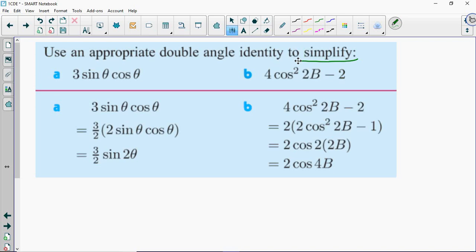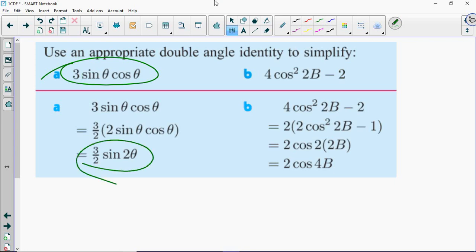So I think in an IB setting, the question would probably say something more like, if you're given this expression, rewrite this in terms of 2 theta. And they might not tell you what trig expression to use, but they do tell you that they want 2 theta in it, and that leads you to only one possible expression.